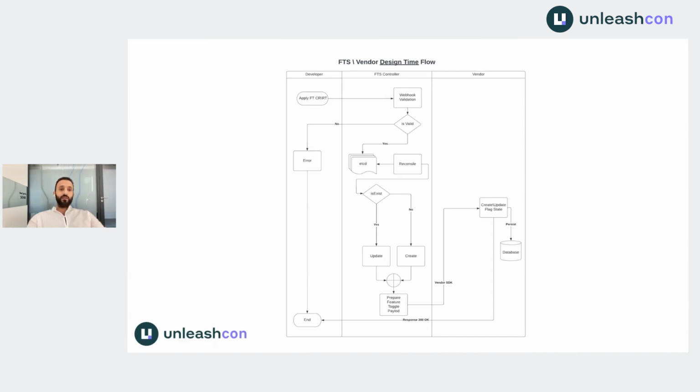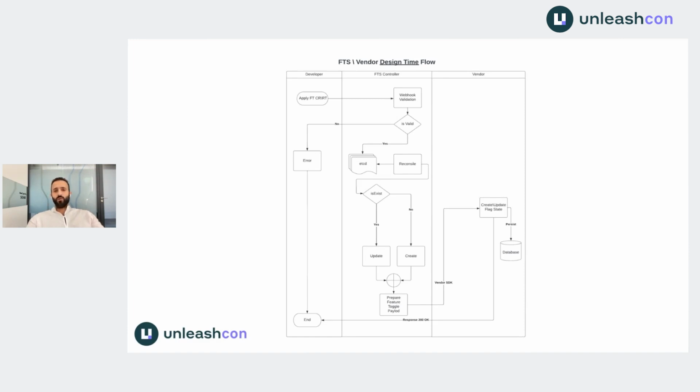In the design time, you can see that we apply the custom resource, and we have some validations on our Kubernetes cluster on these important fields we add on the resource.